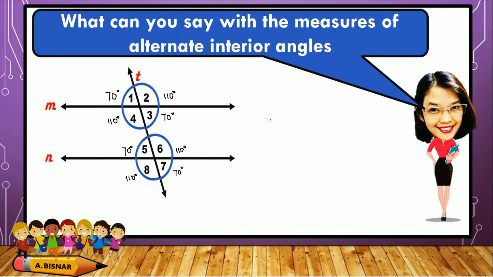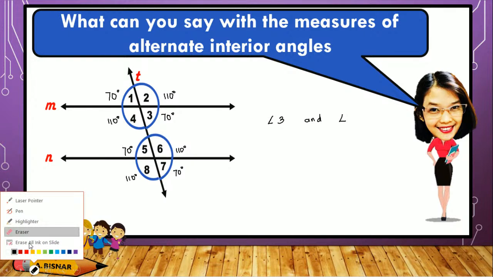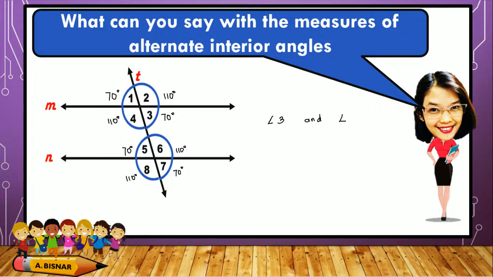So the pairs of alternate interior angles are angle 3 and angle 4. Right? Angle 3 and angle 5. What can you say with the measure of angle 3 and angle 5?